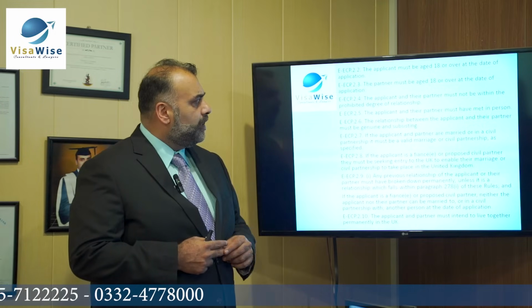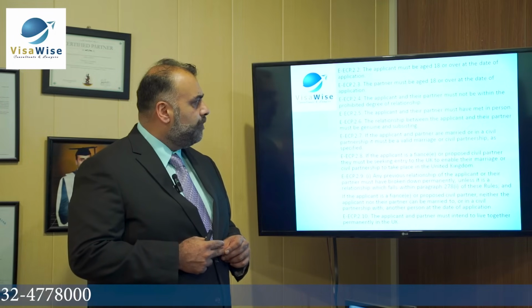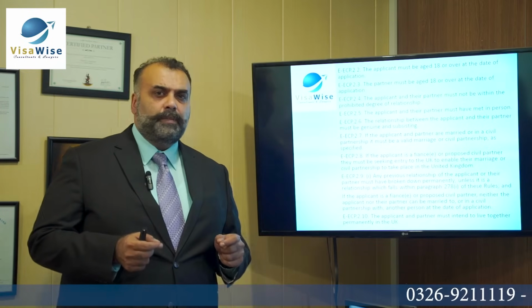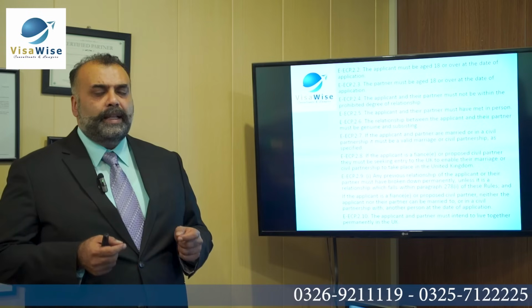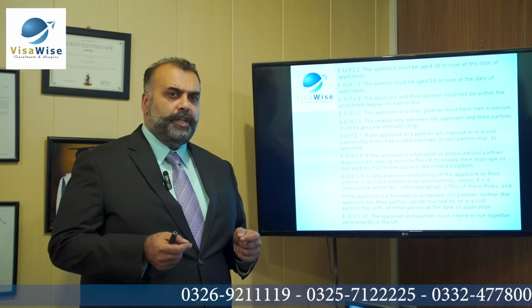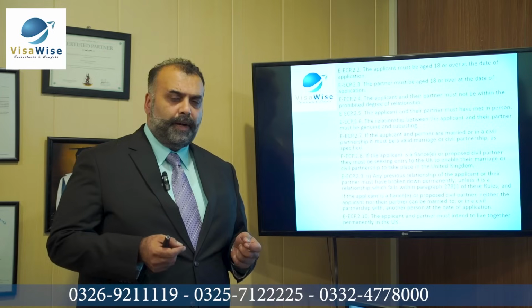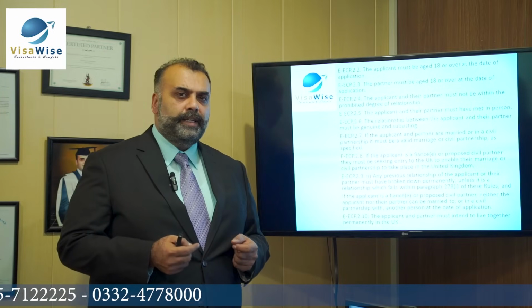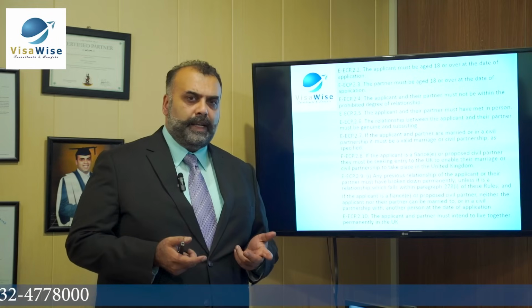If the applicant and partner are married or in a civil partnership, it must be a valid marriage. So the evidence for your relationship is a valid marriage, or in case of a dual relationship where there are unmarried partners, you need to establish that you are in a relationship for at least 2 years prior to making the application.